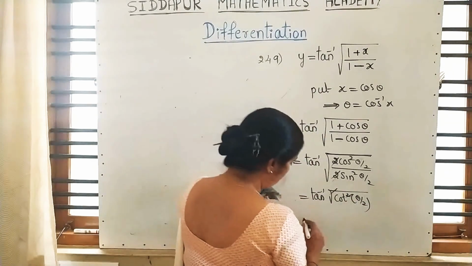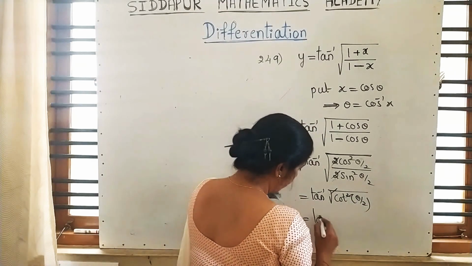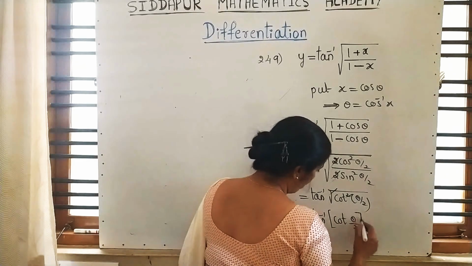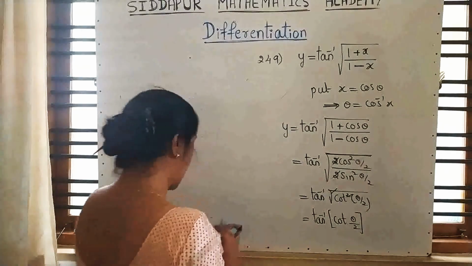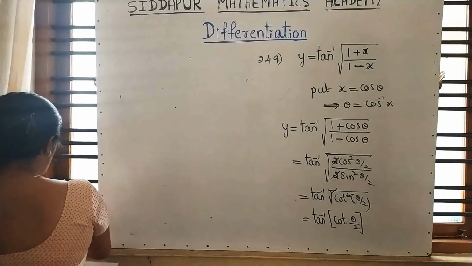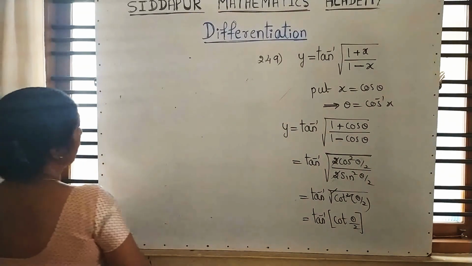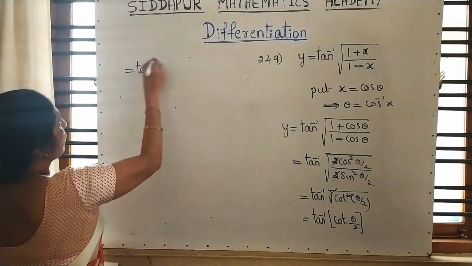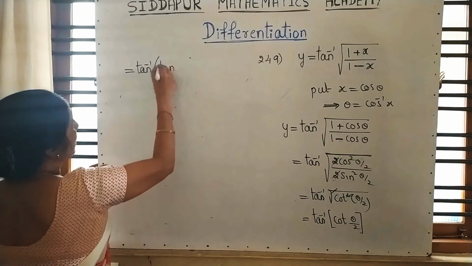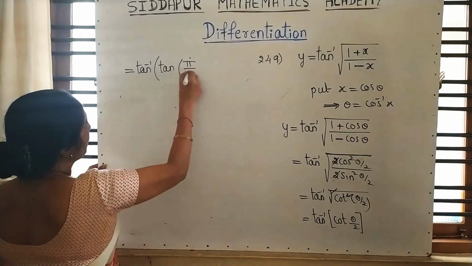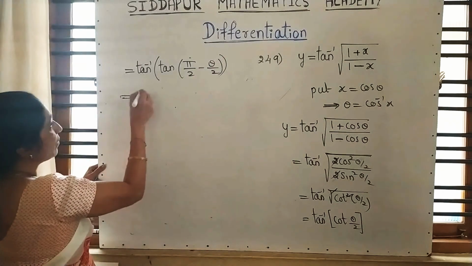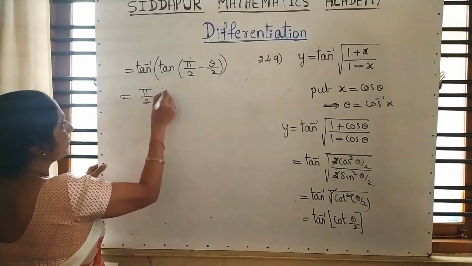Square root and square get cancelled. Cot theta by 2. But we don't have the formula for tan inverse of cot. Instead of tan inverse of cot, it will be written as tan inverse of, with the help of allied angles, tan of (90 minus theta by 2). Tan inverse and tan get cancelled.